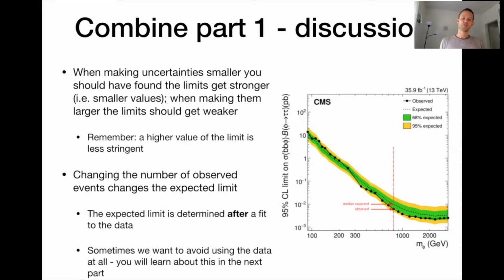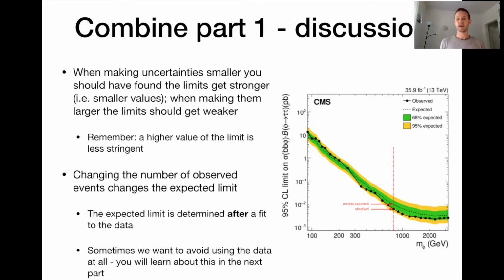And so what you can see on the figure on the right is an example of the kind of limit plot that we typically produce in CMS. So this shows the limit as a function of the mass hypothesis here, m phi. And so we were just looking at one particular fixed value of the mass shown by the red dashed line. And so here you can see all the same information that we were looking at.